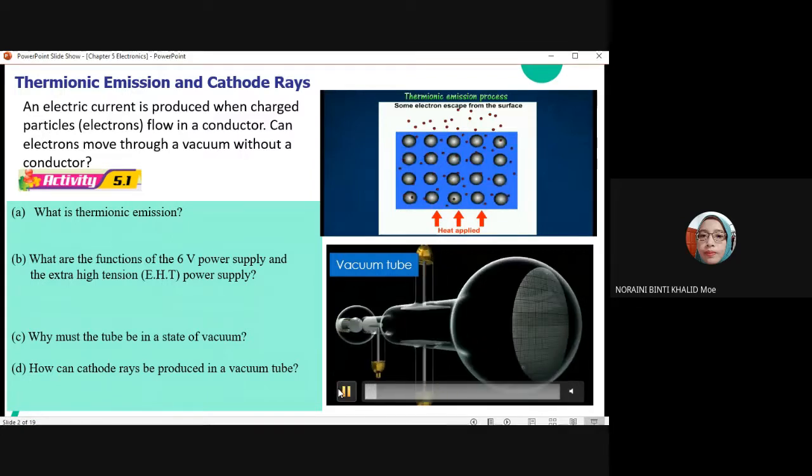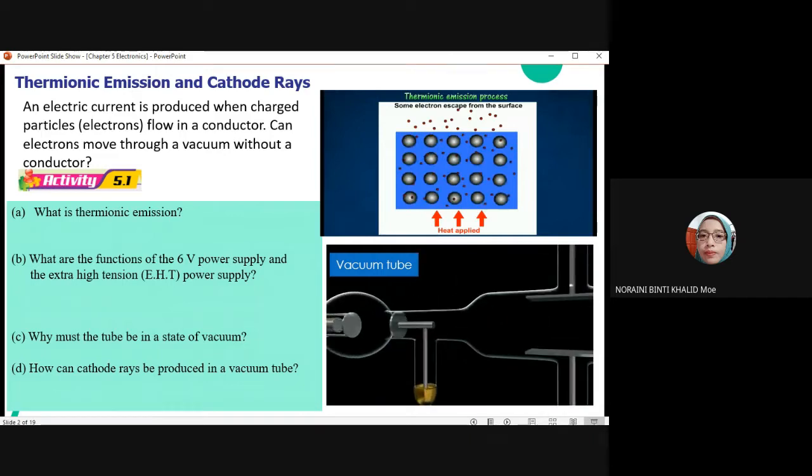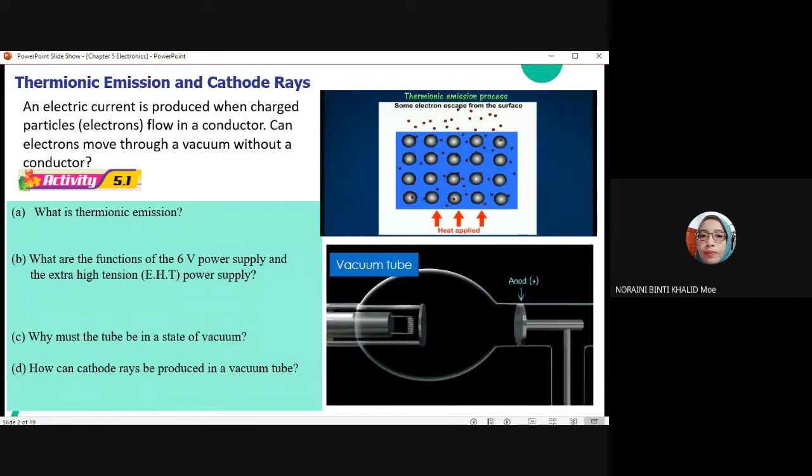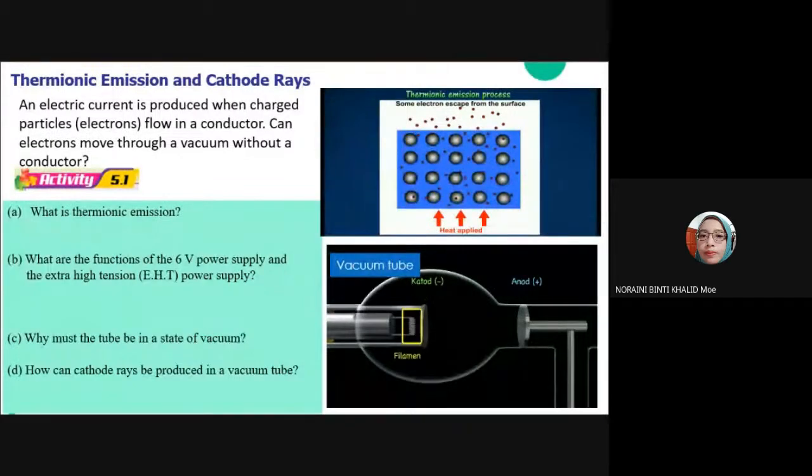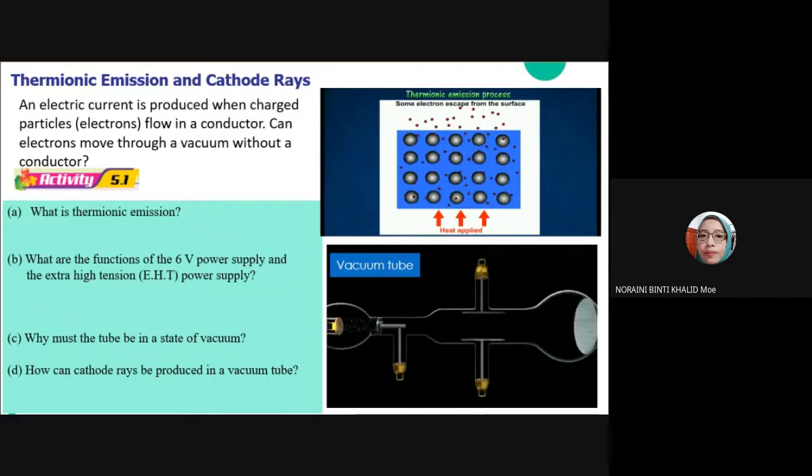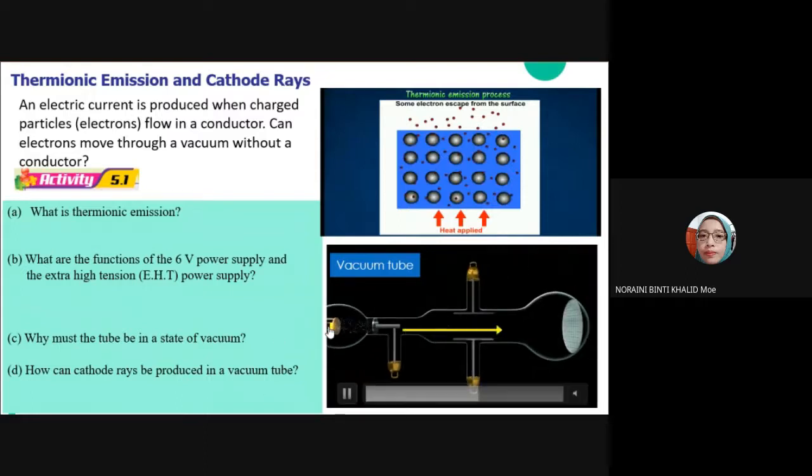Vacuum tube consists of the filament, anode and cathode. Anode and cathode is connected to EHT power supply. Filament is connected to small voltage, 6 volt. The filament glows and heats up cathode to produce electrons through thermionic emission.